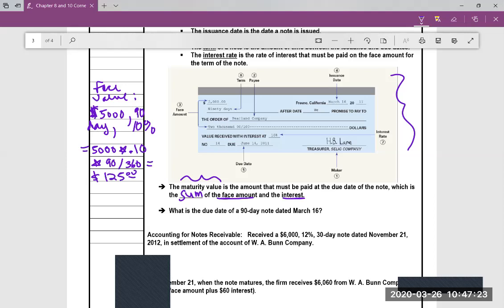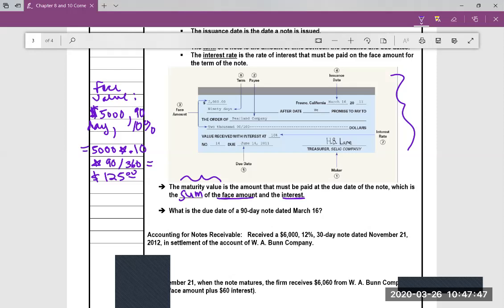Notice on the 0.10, I did have to convert that percentage to a decimal. And then I took it times 90 divided by 360. I had to do 90 over 360 because this 10% is an annual rate, and since the note was only for 90 days, I had to take 90 divided by 360.